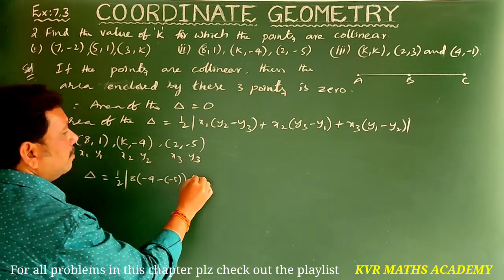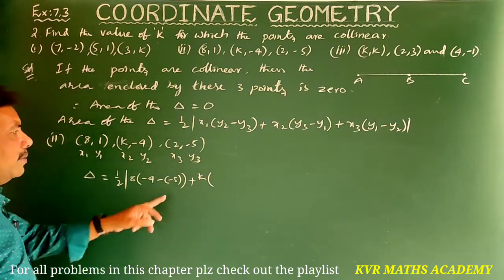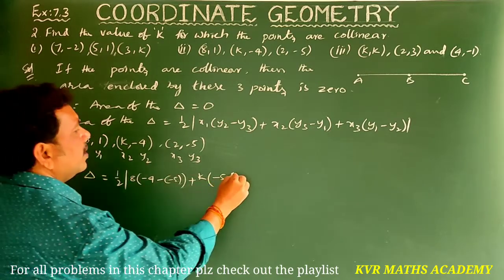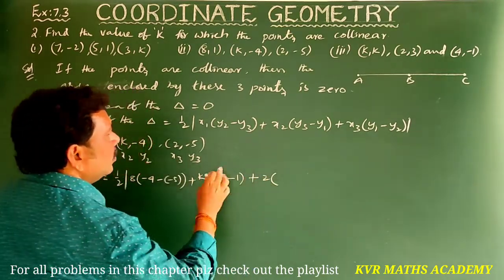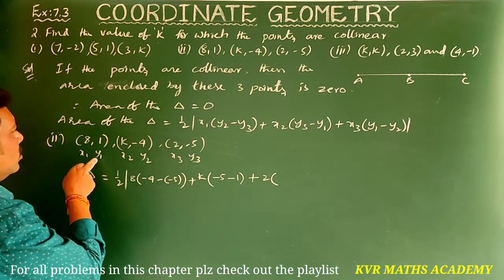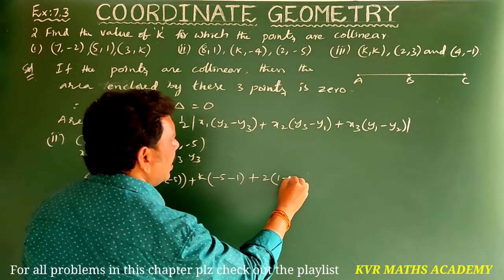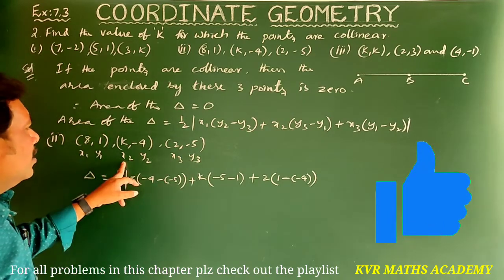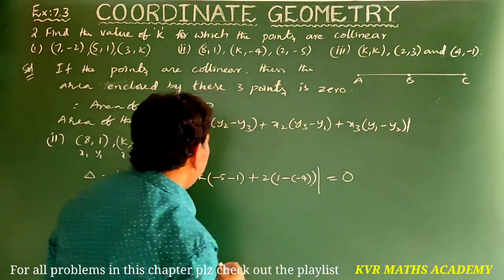Plus x2 into k into y3 minus y1, minus 5 minus 1. Plus x3, x3 means 2 into y1 minus y2, so 1 minus minus 4. y1 minus y2 only, right? So this should be equal to 0.